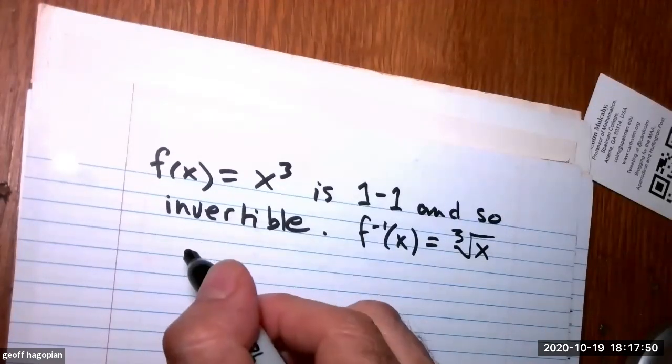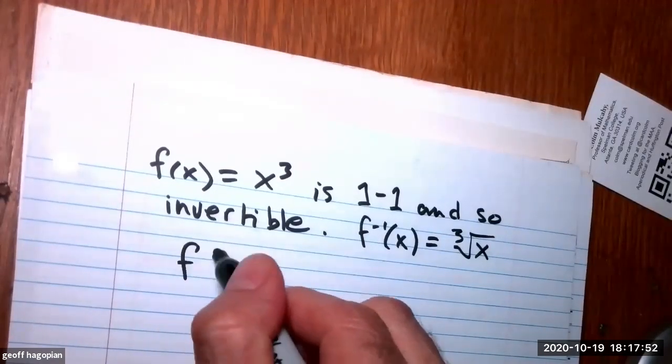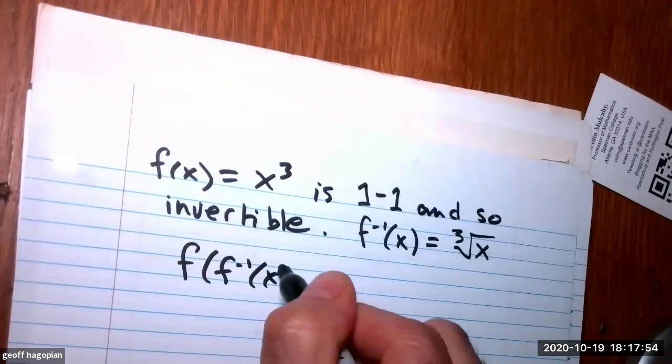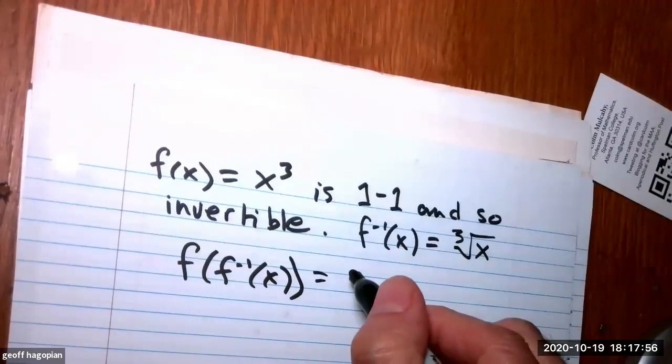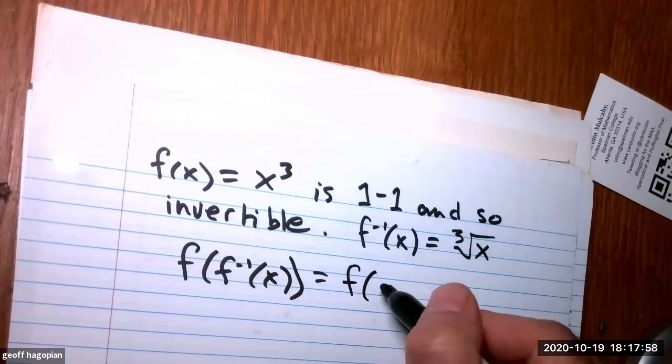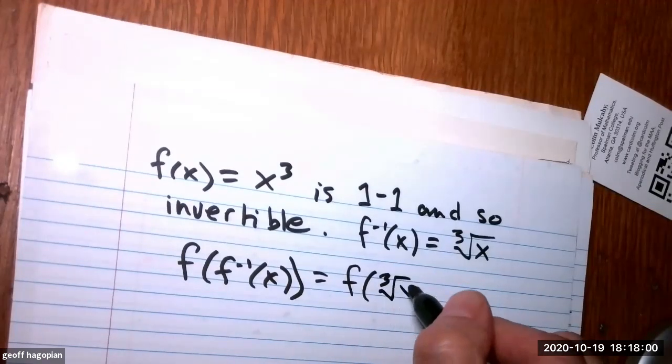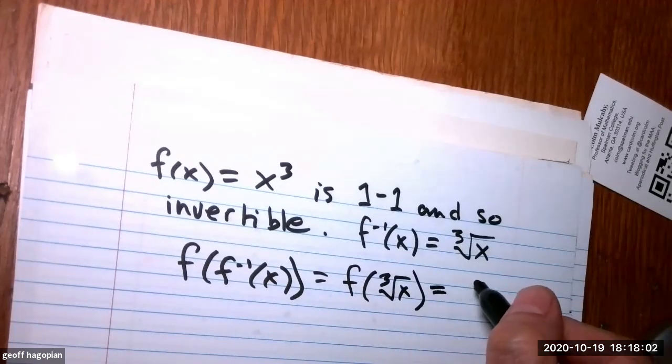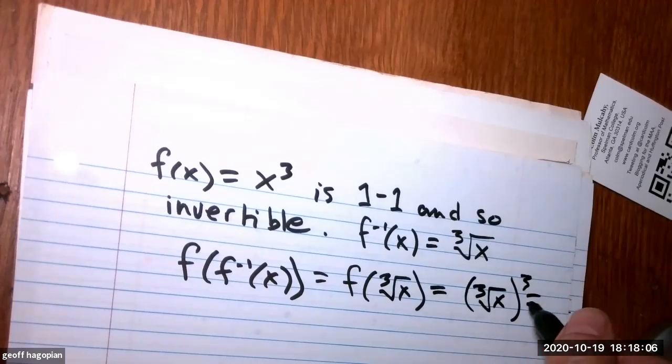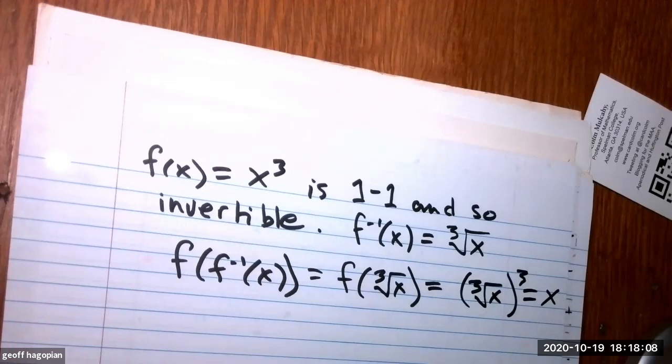You can check that quickly because f of f inverse is going to be f of the cube root of x, which is the cube root of x cubed, and that's equal to x, right? By definition, the cube root of x is the number whose cube is x.